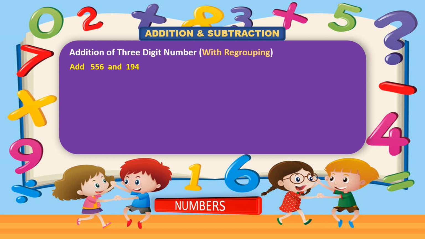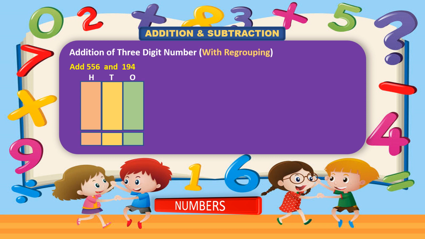Add 556 and 194. First, let us arrange the number column according to the place value. So, 556 and 194. Step 1. 6 plus 4 is equal to 10.